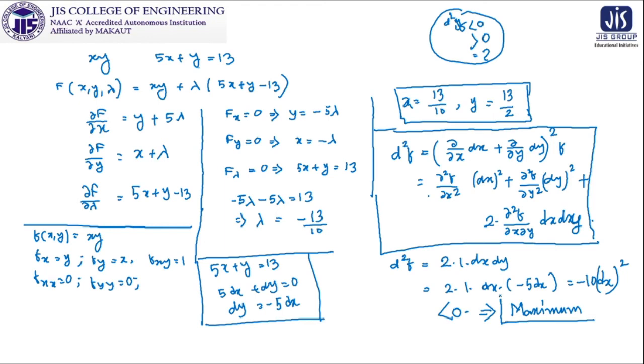Next, we have classified it, and finally we have to find out the value of the maximum. So it is the simplest step of this particular problem. We have to put the values in the objective function, and our objective function is x into y, so it will be 13 by 10 into 13 by 2, that is 169 by 20.